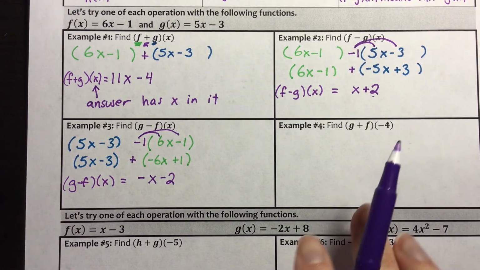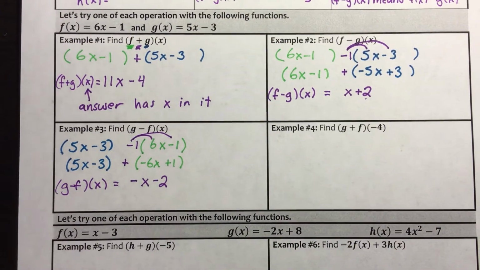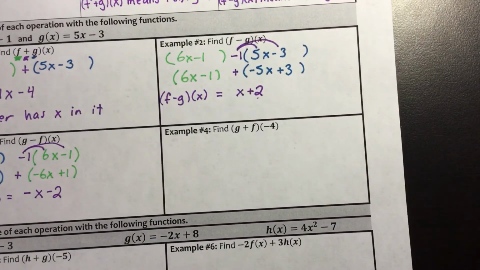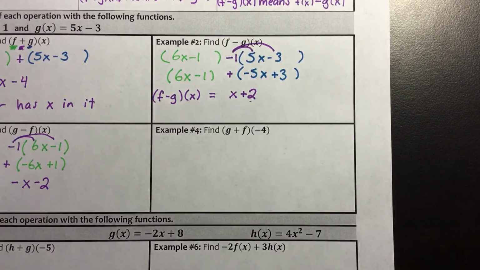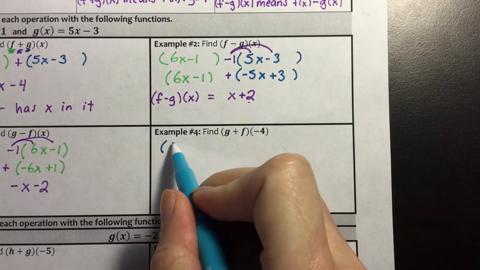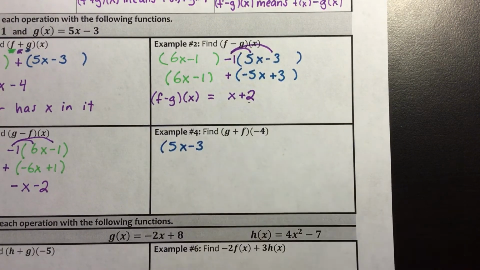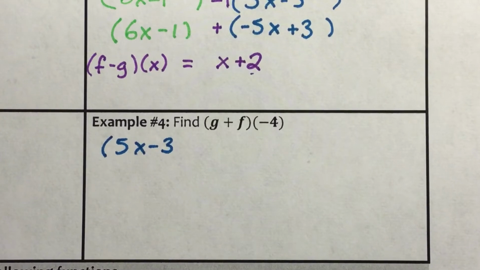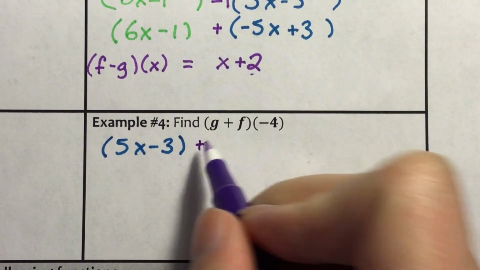Okay. Example 4, g plus f of -4. So let's first find g plus f of x, figure out what that function is, and then we'll plug in the -4. Okay, so g is 5x minus 3. We are adding, so I'll put a plus.